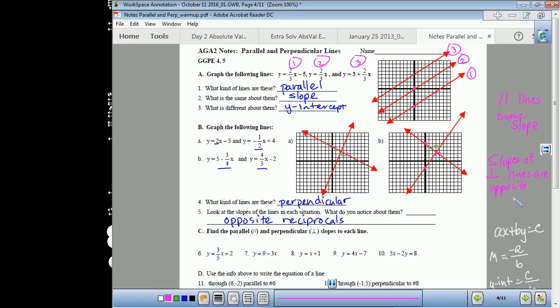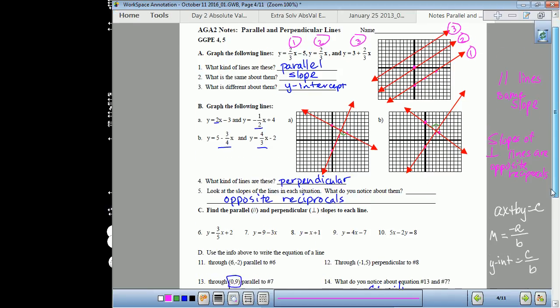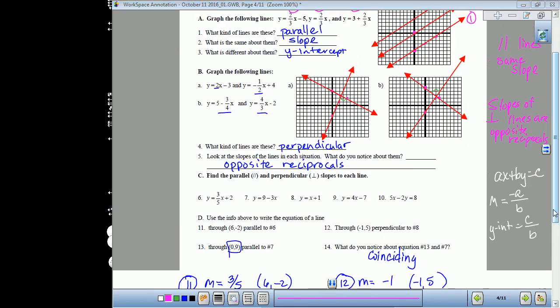Oh my Lord, today's Tuesday. Okay. So, if we look at this, the slope of this line is 3/5. So a parallel line, what would the slope be? 3/5.